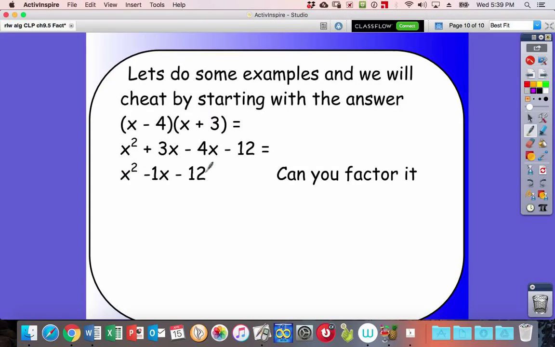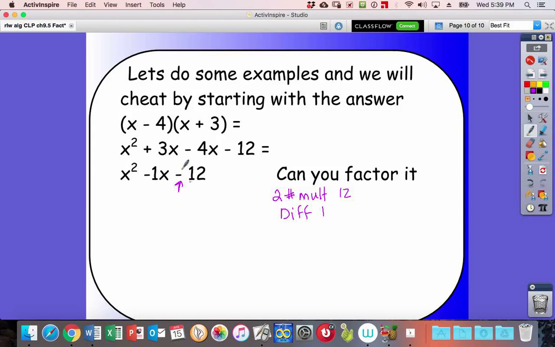Okay, here it is. And I'm going to play the game. It's a negative sign here. It almost looks like the other one, doesn't it? Let's see if Mrs. Webb's got her slide right. Okay, it's a negative 12. That means I'm going to have two numbers that multiply to 12, and their difference has to be 1.